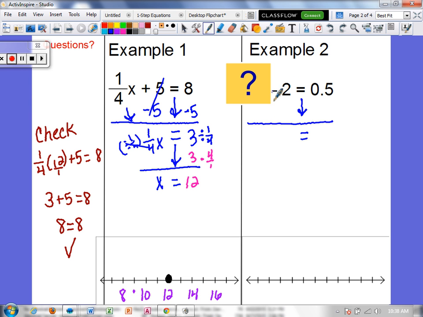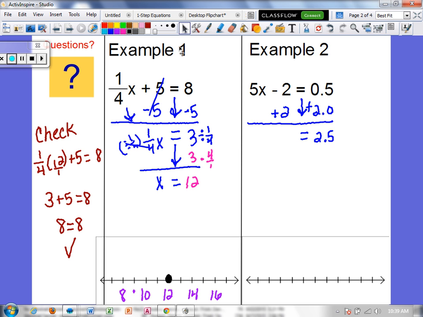So I want to find the inverse of subtraction, which would be addition. So if I add 2, then I'll figure out what this equals. So remember when we add or subtract decimals, we line them up. So 2 would be like 2.0. So 0.5 plus 2.0 would be 2.5. So I know that this mystery value here actually equals 2.5.